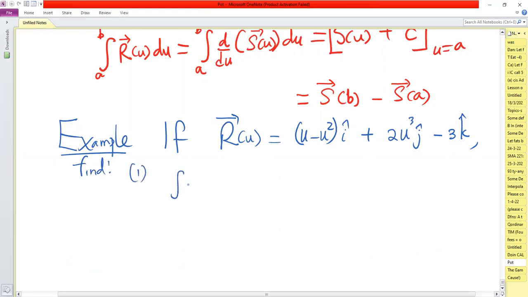One, integral of R of u du. Two, integral from 1 to 2 of R of u du.